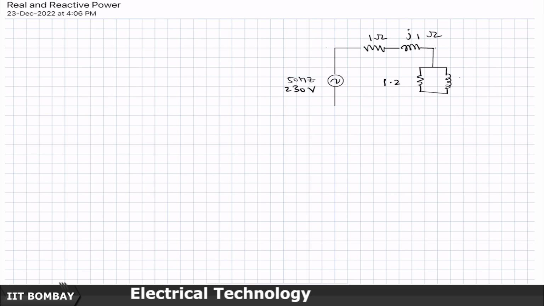So, 1.25 ohms and 1 by 0.6. I am just trying to choose numbers in a better way. So, this is 5 by 3 and this is 5 by 4.